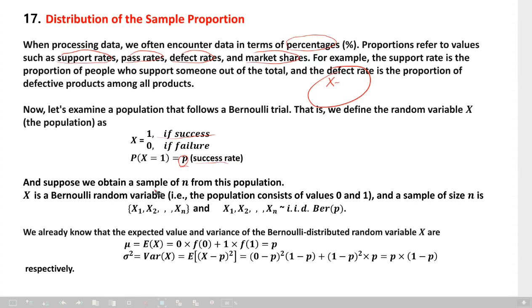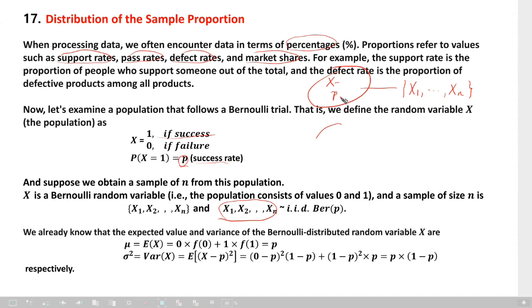Suppose we obtain a sample of size n from this population, x1 to xn, identically, independently distributed Bernoulli with parameter p. What is p? We do not know the population success rate because we do not know all the data of the population.